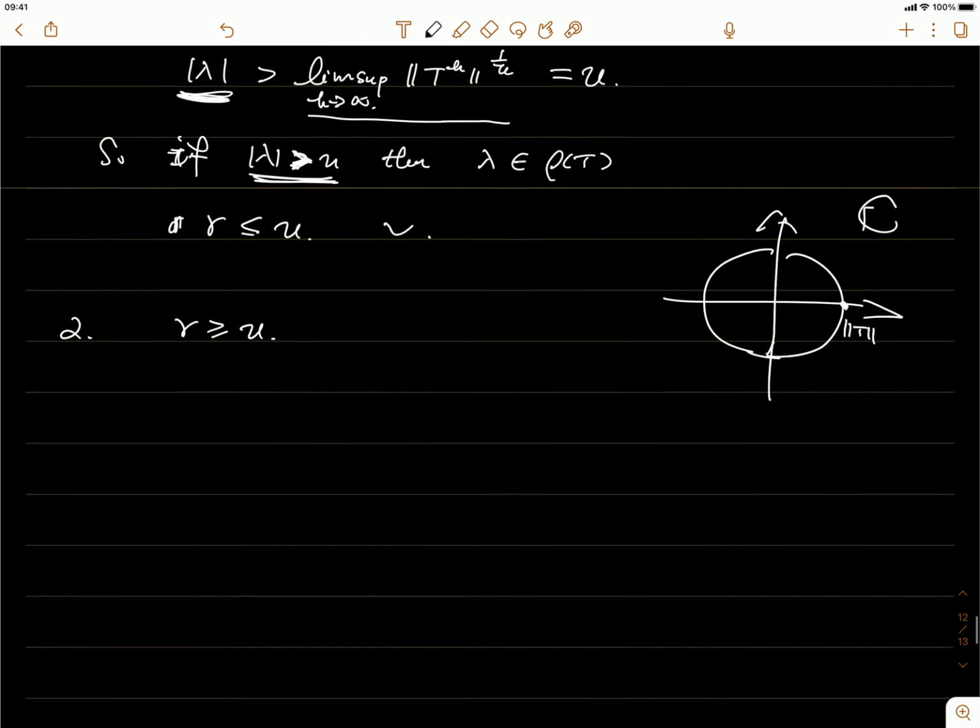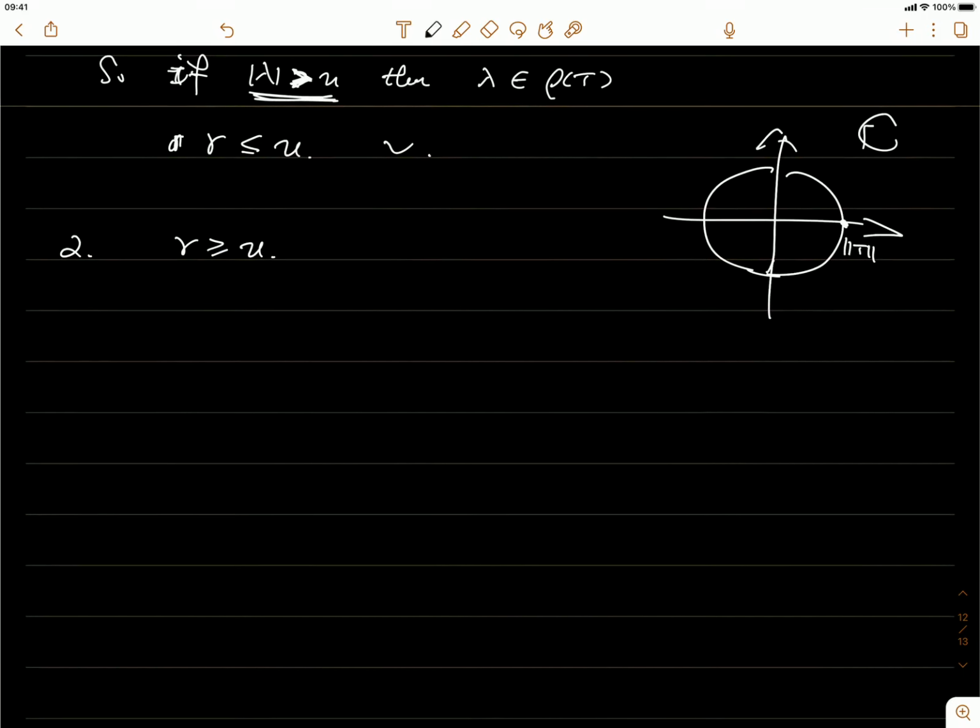To show this, let's say that for any epsilon greater than 0, and any f in the dual space of the space, we're going to use the same trick as before. We define the mapping W_f, which is a mapping from rho(T) to the complex numbers.